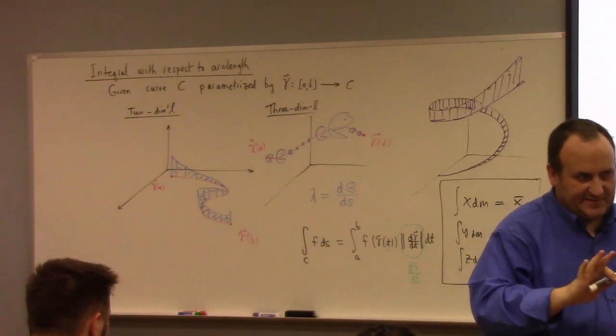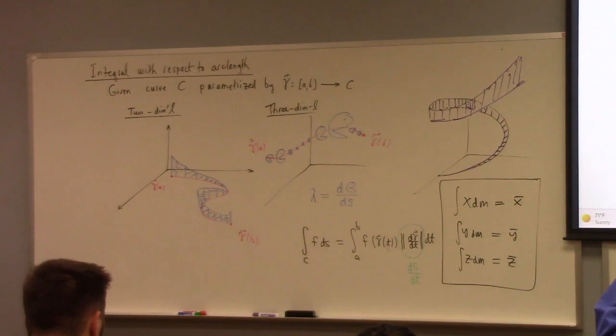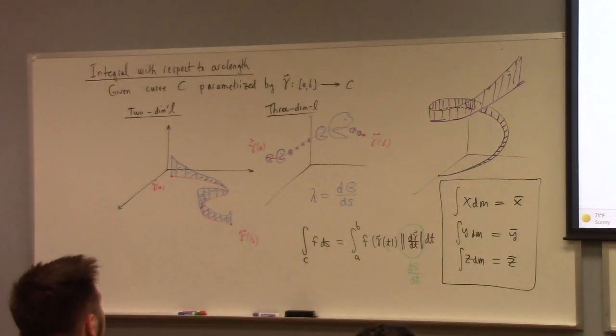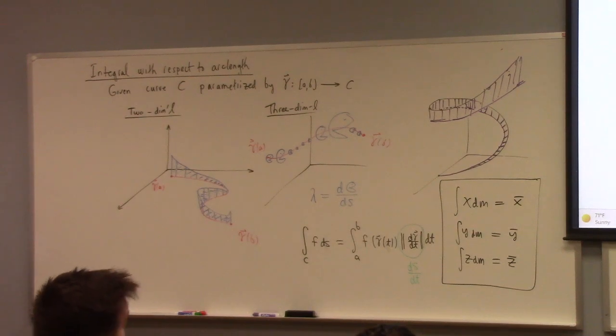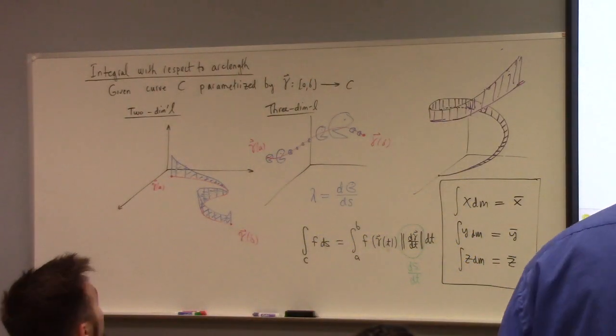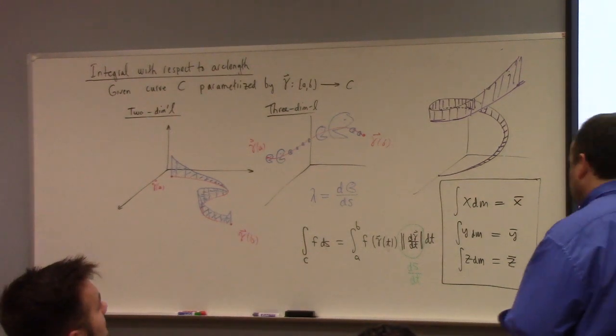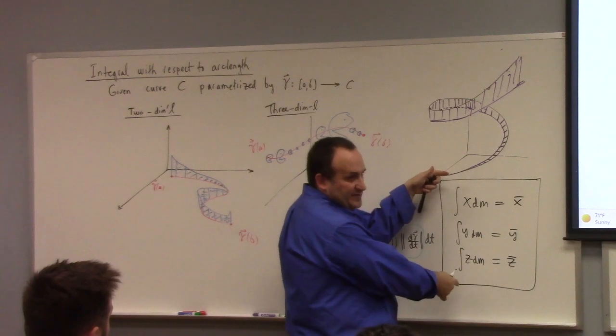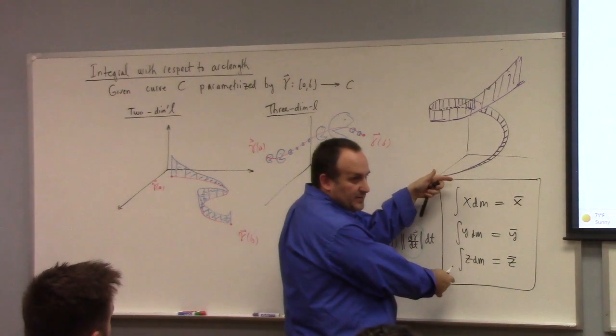This extends past this discussion. In physics in general, if you want to calculate the center of mass of an object, you need to integrate over the object the x function, the y function, the z function, weighted against the mass. So what kind of integral these are depends on what kind of object you're talking about.